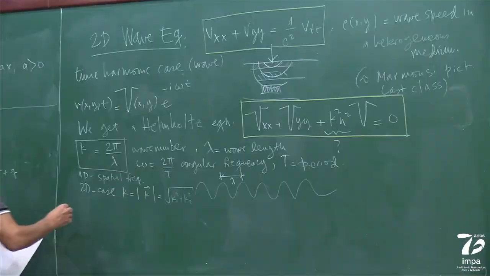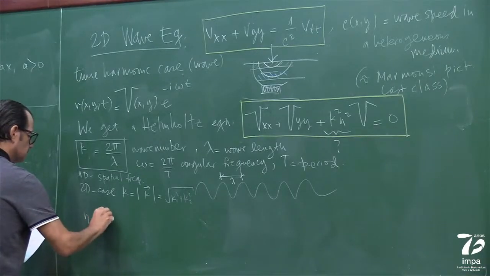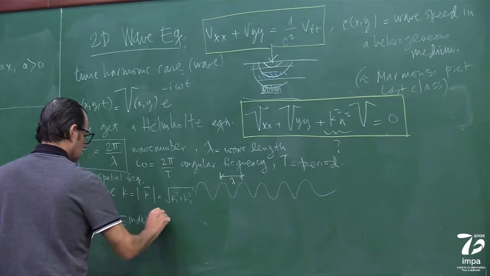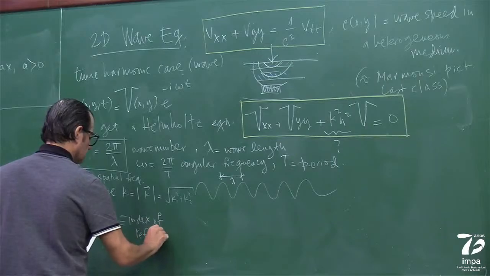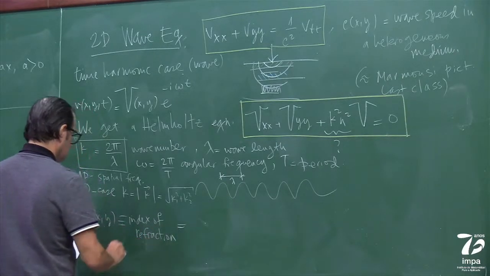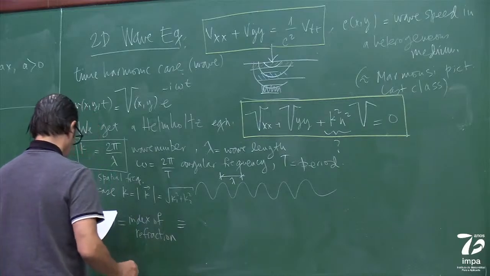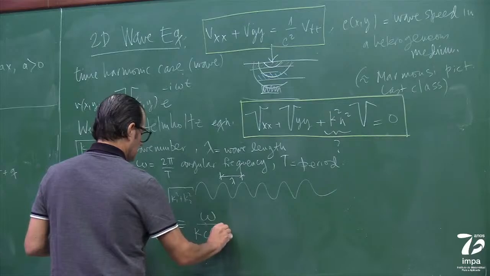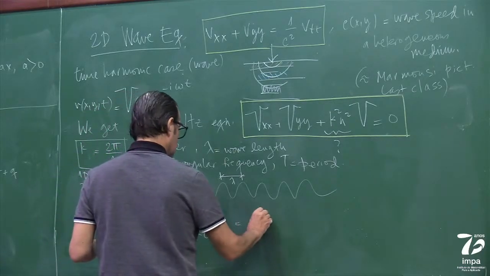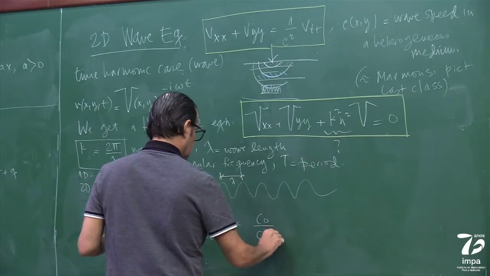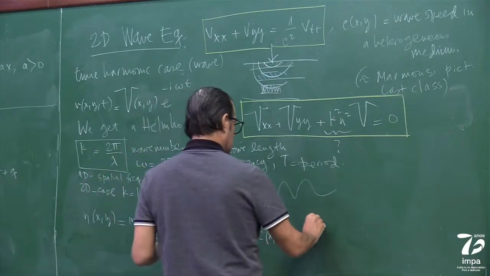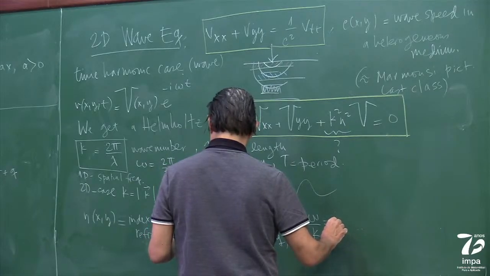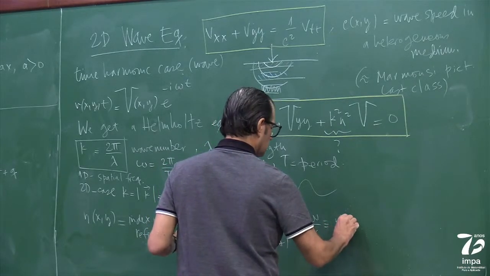Now, we now call n of xy the index of refraction, just like in optics, and it is defined as omega over k c of xy, which is then the same thing as c naught over c of xy, because omega over k is called the phase speed. Did I write here in the notes? No, I don't think I did, but it doesn't matter.